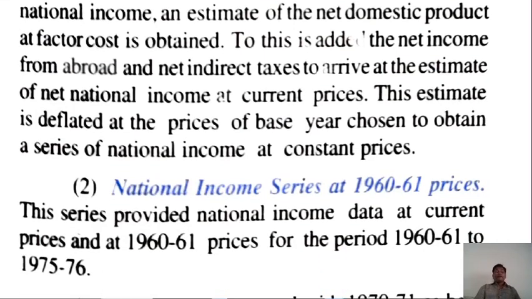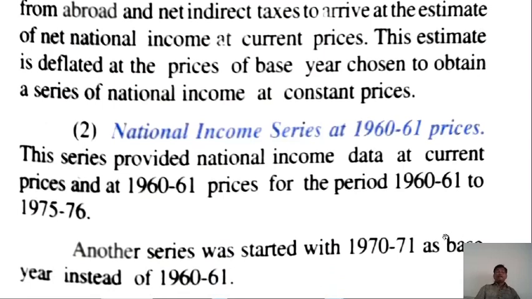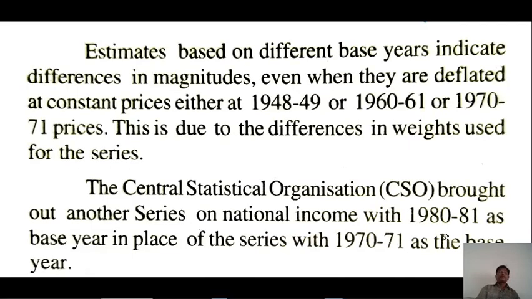Second, the national income series at 1960-61 prices. This series provided national income data at current prices and at 1960-61 prices for the period 1960-61 to 1975-76. Another series was started with 1970-71 as base year instead of 1960-61.